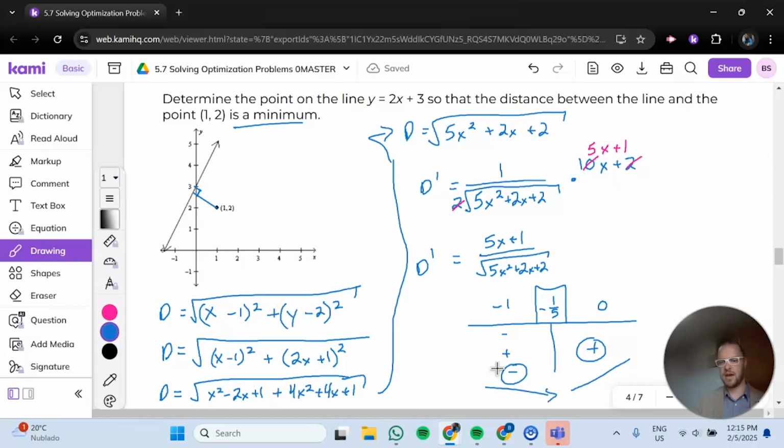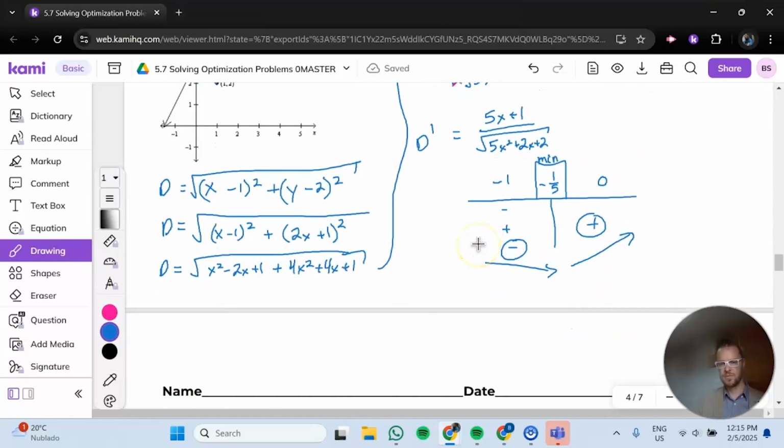So we did get that minimum that we were originally looking for, that minimum distance. And so this is going to have a minimum at x equals negative 1/5. And our reason, just as it's good practice, is that d prime changes from negative to positive.